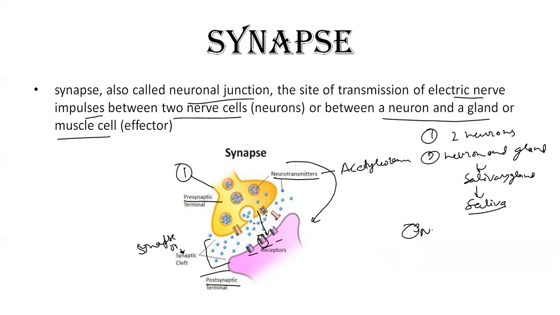And third is between a neuron and a muscle. Neurons send messages to the muscle cell, and the muscle cell contracts and you perform your physical activity. So the synapse is basically a site from where transmission of electrical nerve impulses takes place between two neurons, neuron and gland, and neuron and muscles.